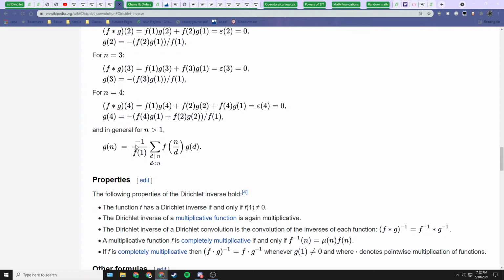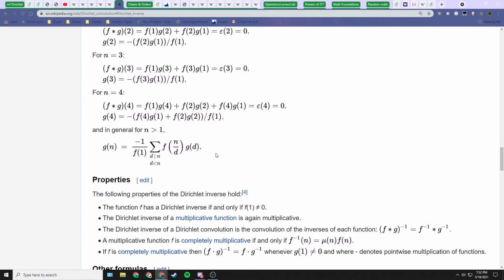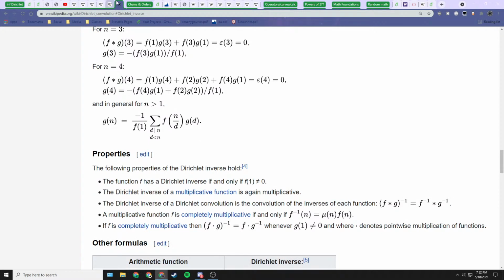And the conventional way to calculate the Dirichlet inverse is to use this inductive definition. They sum across these ordered pairs of this almost convolution, and then multiply it by this negative reciprocal of f1. This is almost the same formula as we have over here.